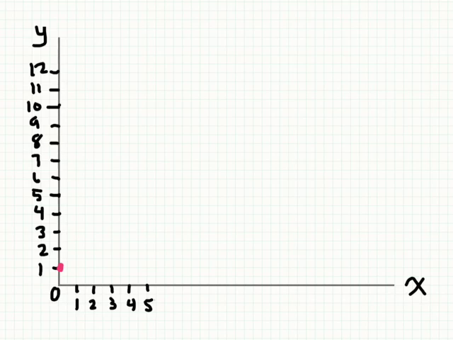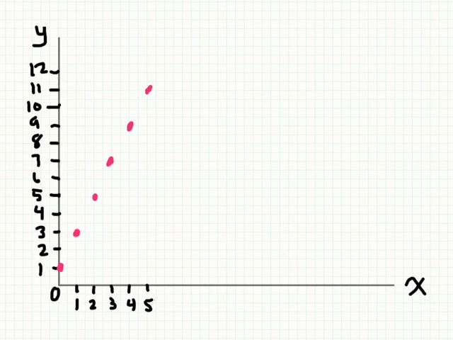That's the first point. The second point was 1, 3, 2, 5, 3, 7, 4, 9, and 5, 11.